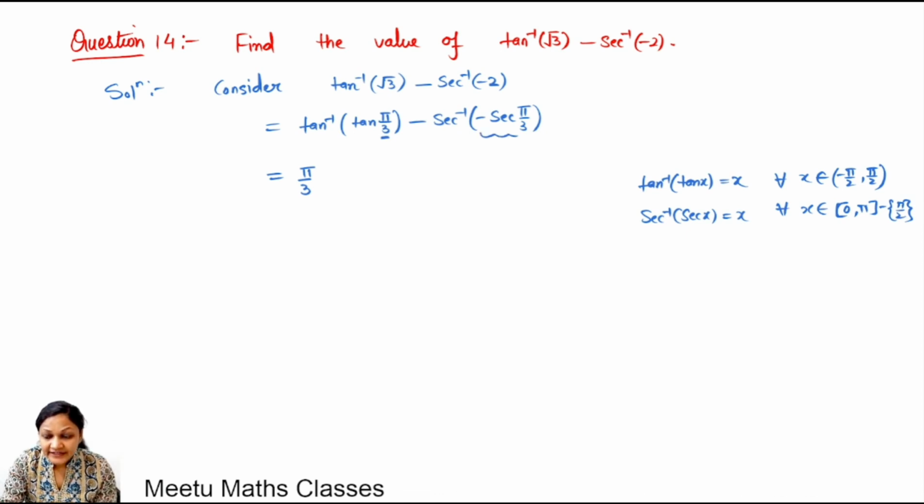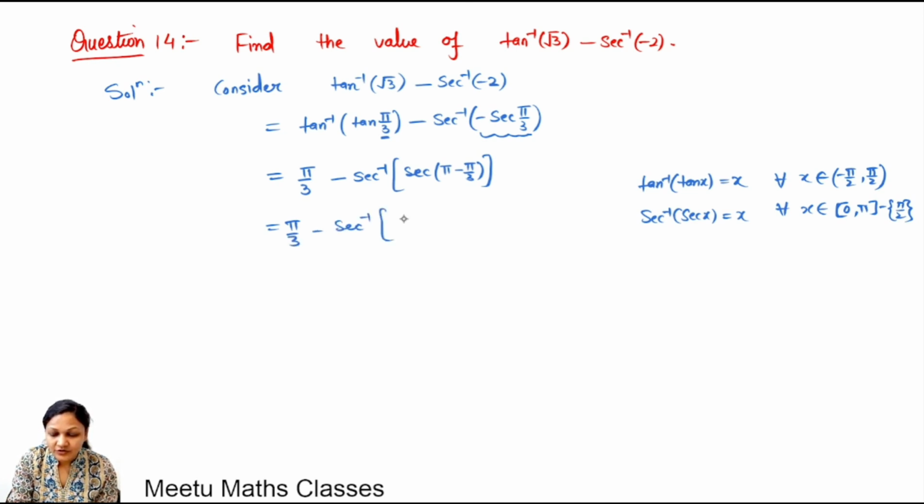And for the negative sec, we have to shift our angle to the second quadrant. Now, this can be written as sec of pi minus pi by 3, or we can say sec inverse of sec 2 pi by 3.